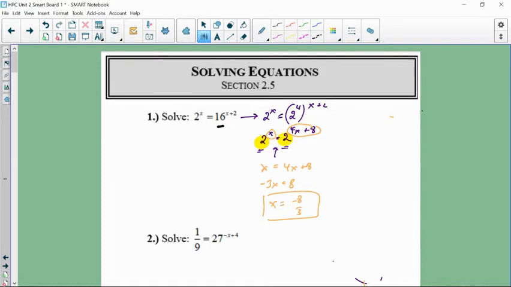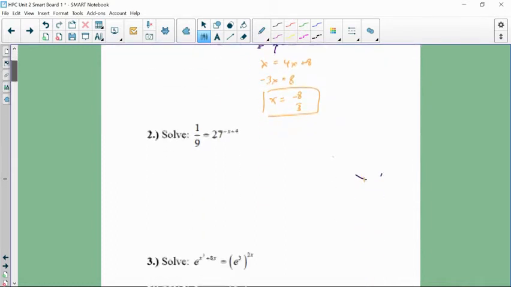So again, looking for the same base or a common base. In the next couple of examples, very similar. 1/9 and 27 are both powers of 3. Because 1/9 is a number less than 1, it could be a negative exponent. So 3 to the negative 2. And 27 is 3 cubed. So that is raised to the negative x plus 4 power.